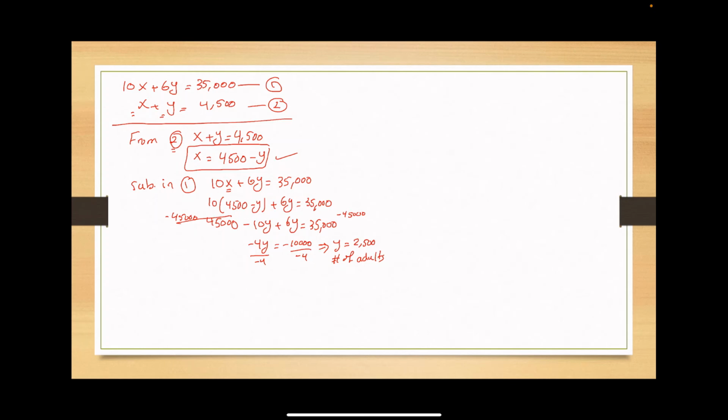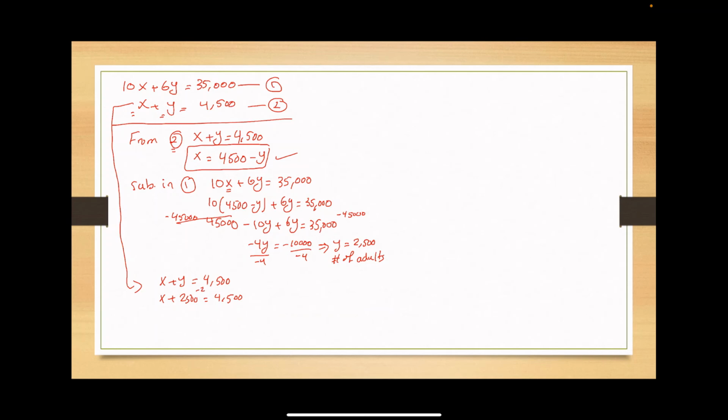In order to get x, which is the number of children, let's do the substitution here. x plus y is equal to 4,500. So instead of y, I write down 2,500, equal 4,500.